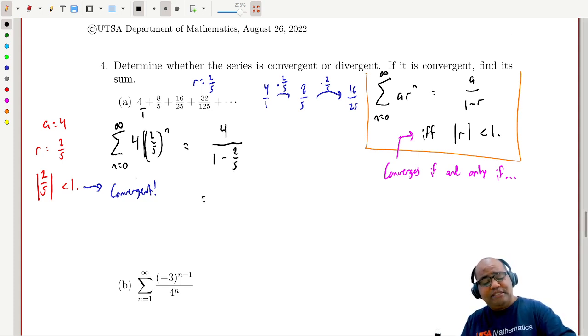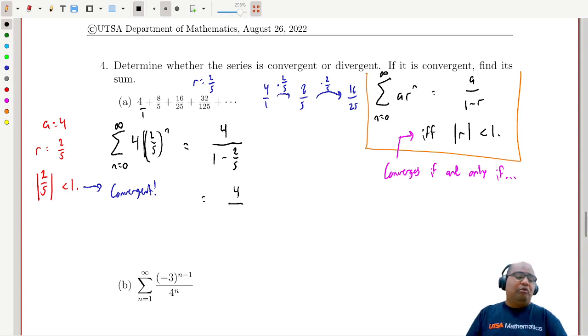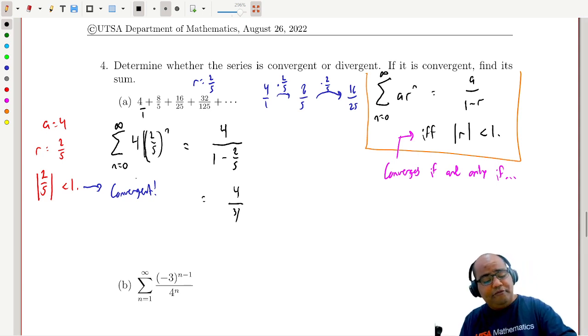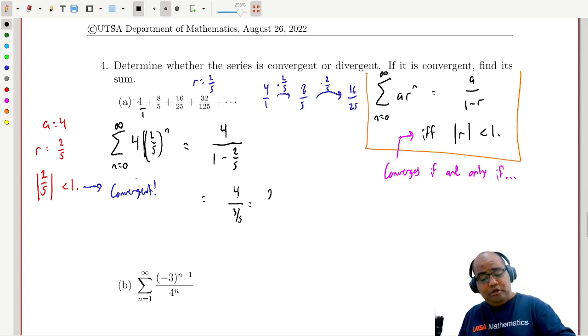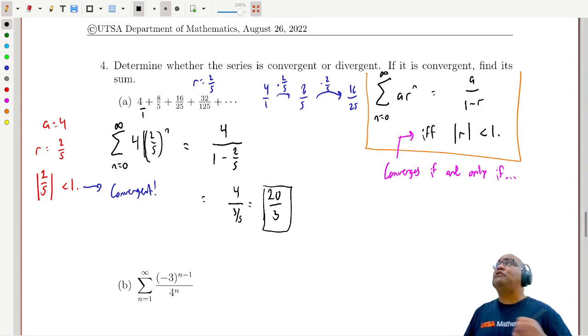If we do a bit of arithmetic here, we have 4 over, well, 1 minus 2 over 5 is 3 over 5. And then do some fraction division. We get a sum of 20 over 3. That is the sum of this series here. So notice how we deduced what the pattern was, set it up from everything in the orange box there, and we've gone ahead and figured out what the sum was.